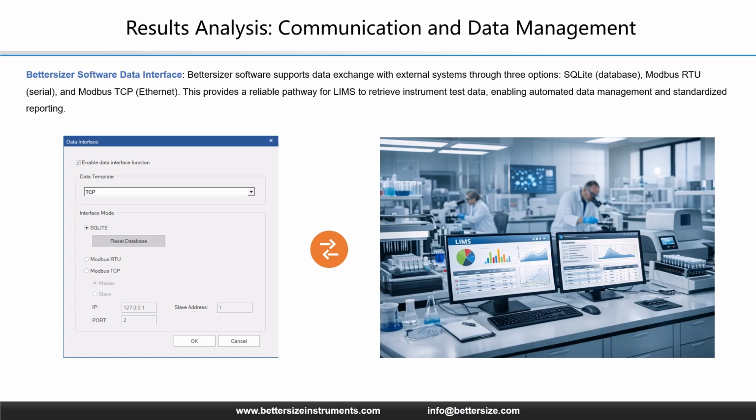Whether you are connecting to a central LIMS database for archiving or directly to a PLC for real-time process control, the system offers a reliable, standardized digital pathway. This eliminates the risk of manual transcription errors, ensuring that the precision we achieved in the optical bench is preserved all the way to your final quality report.